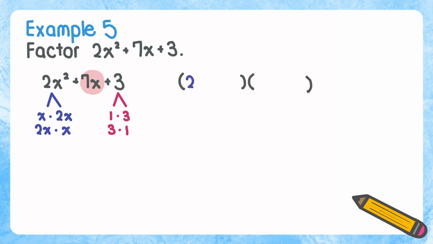So first, let's try 2x and x. So 2x plus something and x plus something. So let's try out this 1 and 3 combo first. So I multiply the outside terms together and the inside terms together. So 2x times 3 is 6x. 1 times x is 1x.